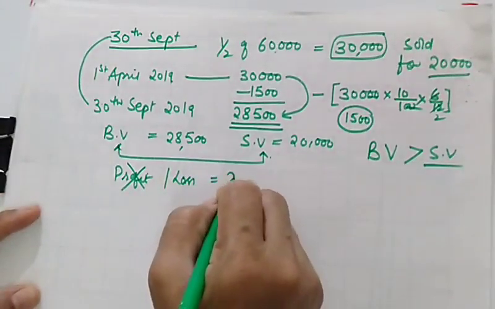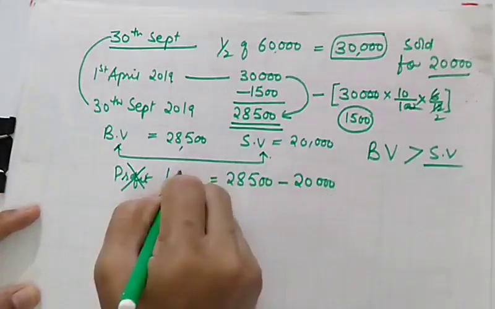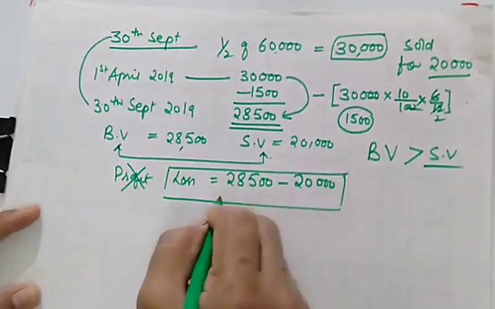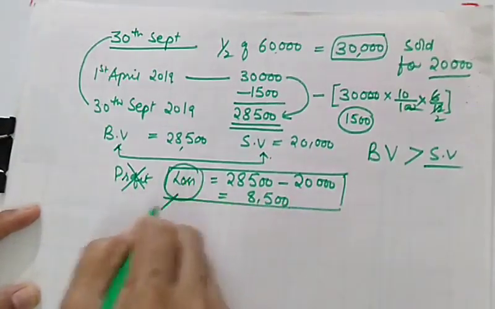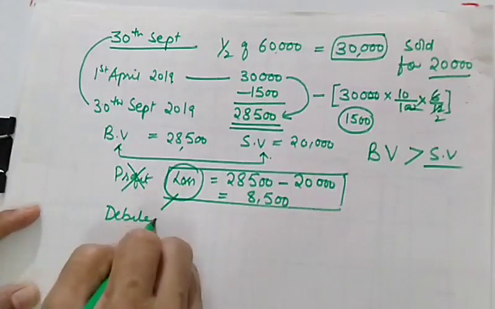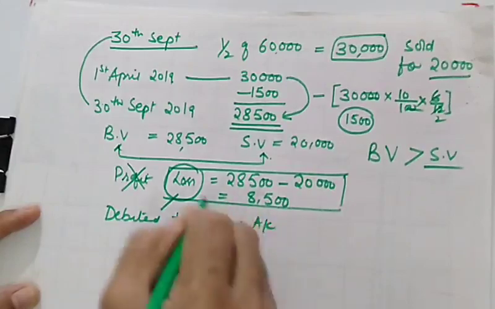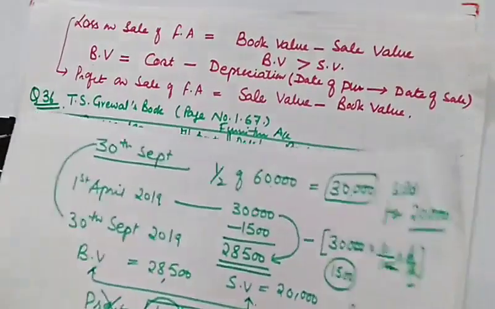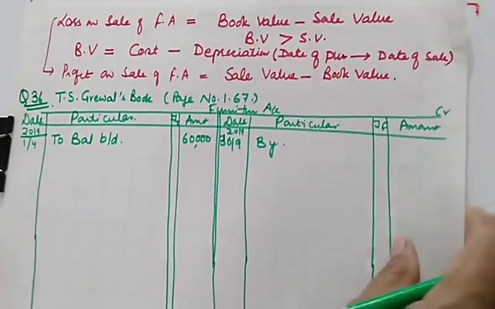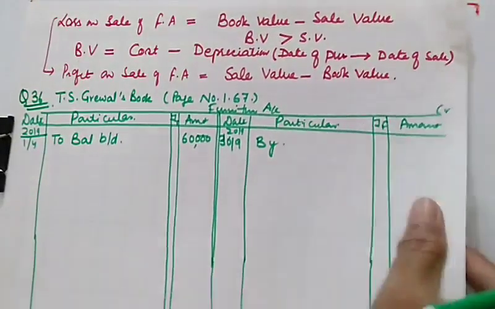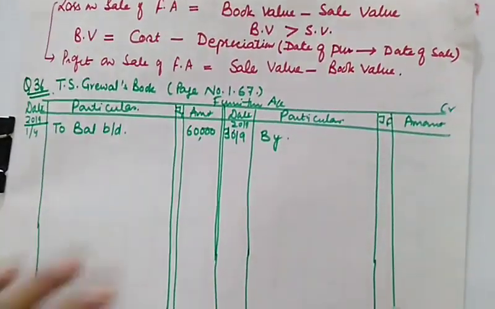We are suffering a loss of 28,500 minus 20,000. So there is a loss of 8,500, which will be debited to income and expenditure account. So let us record this fact here in this furniture account. Yes, let me show you the full furniture account.